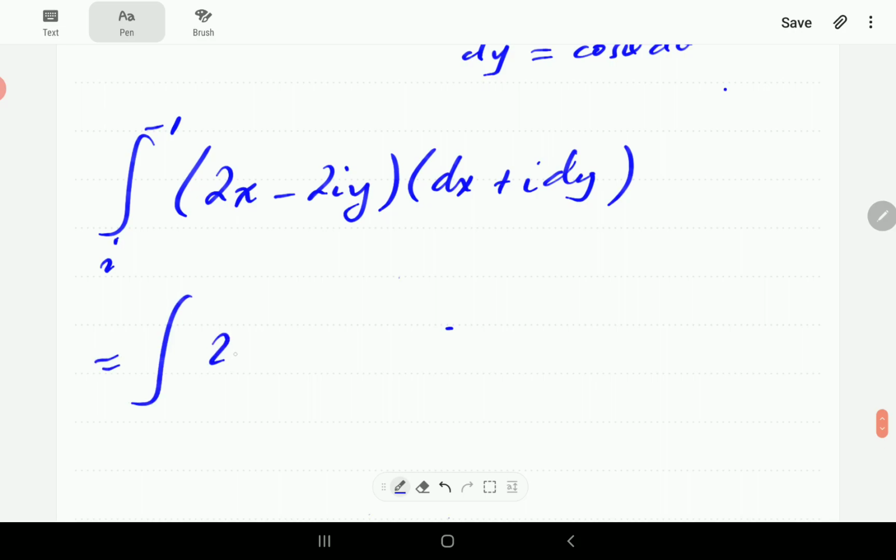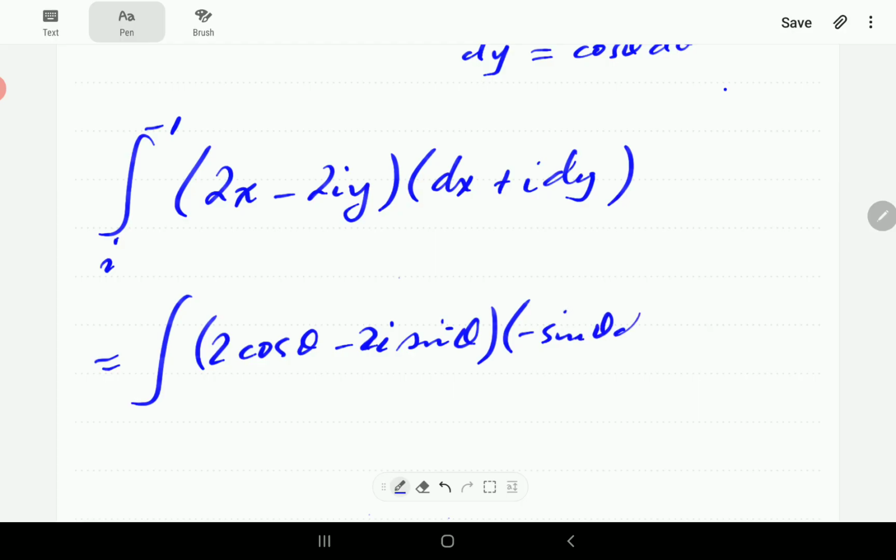So 2x is going to be 2 cosine theta, and it's going to be 2i sine theta, and dx is minus sine theta d theta plus i cosine theta d theta.